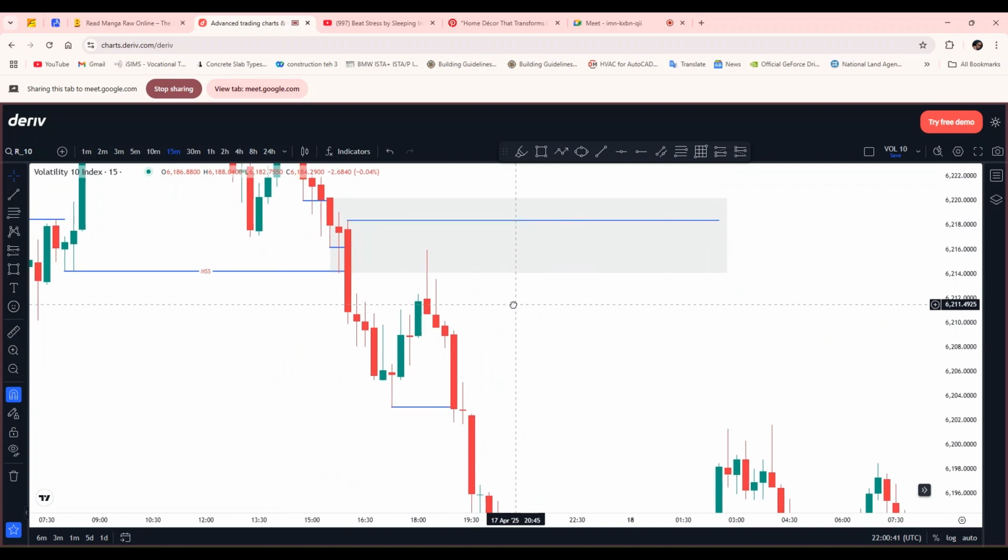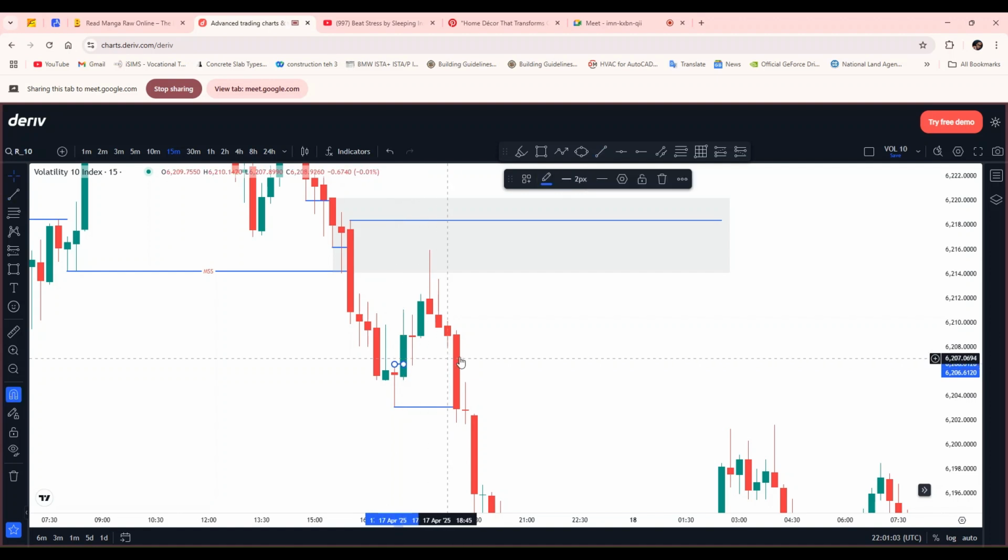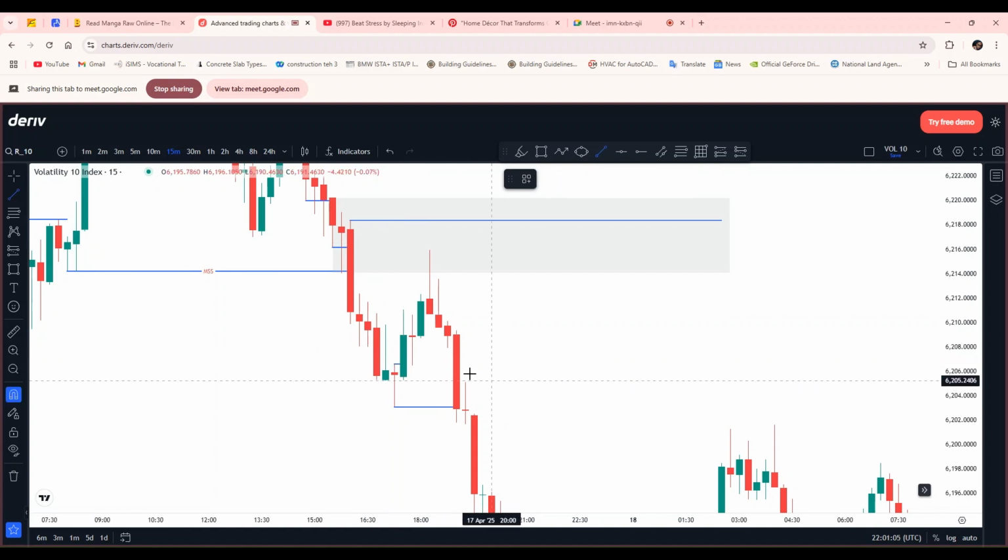Now, refining this specific trend to catch the entry based off the pullback into the market structure shift on the 15 minutes. In order to refine this, you would be looking at the trend giving you the last break of structure. So we have a break of structure here of that specific uptrend right there.